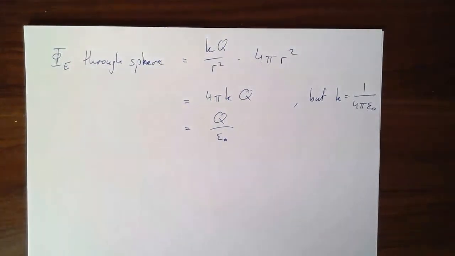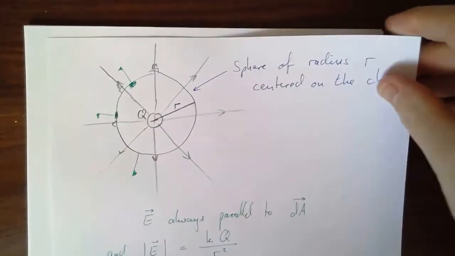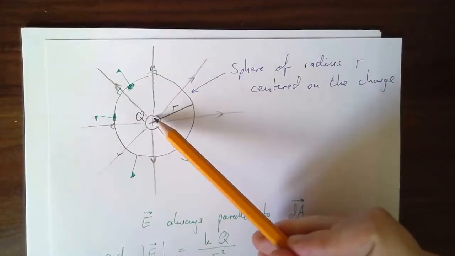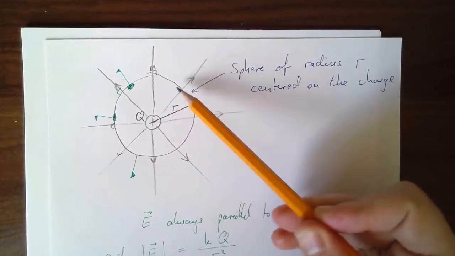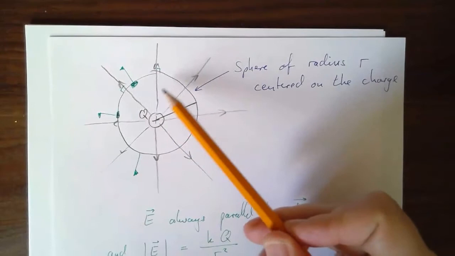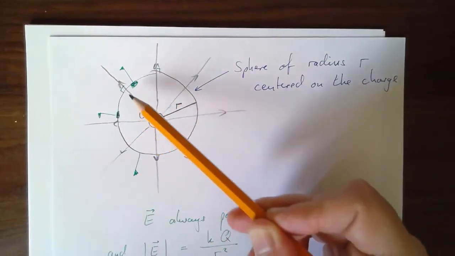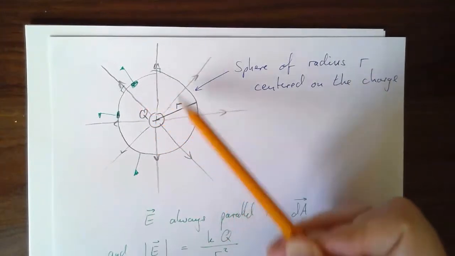And now if you think back to the field line picture, that makes sense, right? Any field line is going to go out of the sphere at one point or another, no matter how big the sphere is. If the sphere is smaller, the field lines are denser, and more of them come out over a small area.